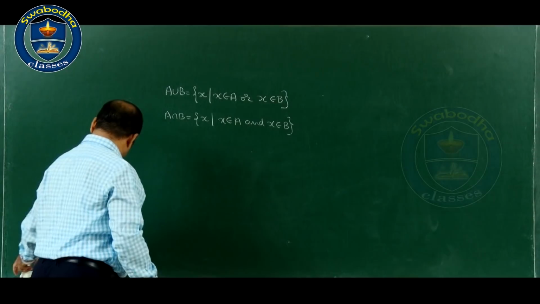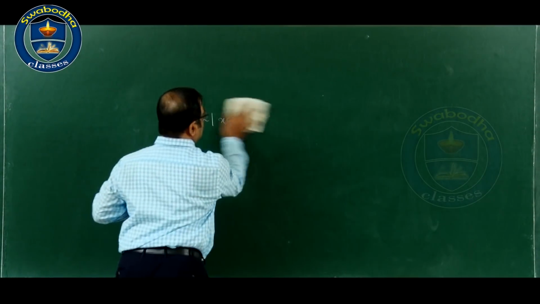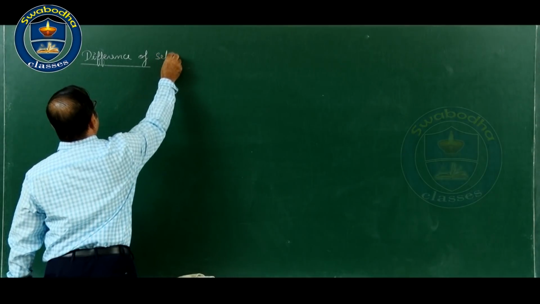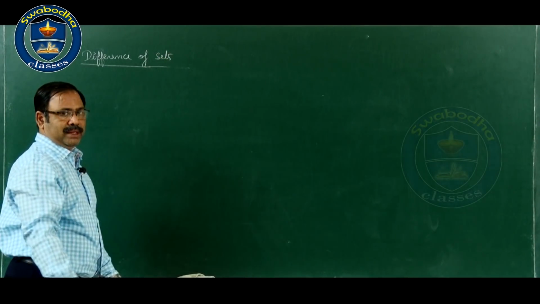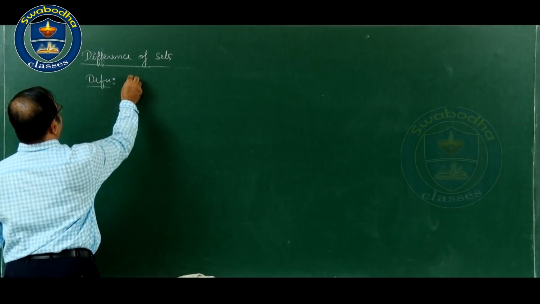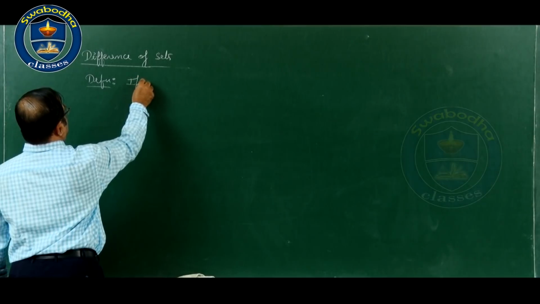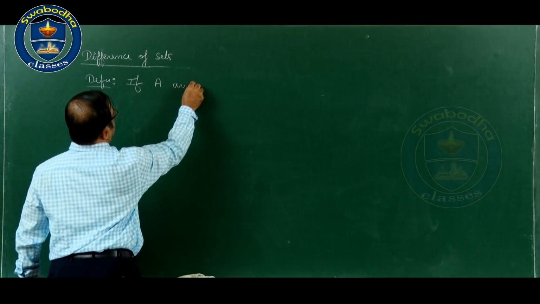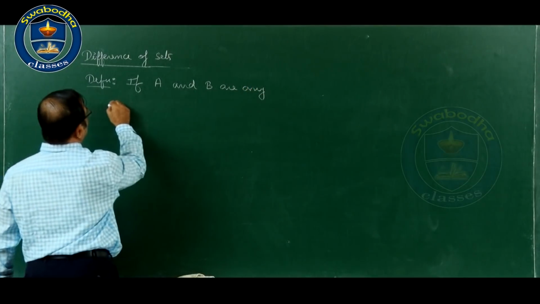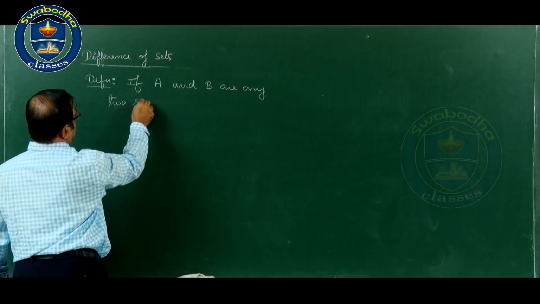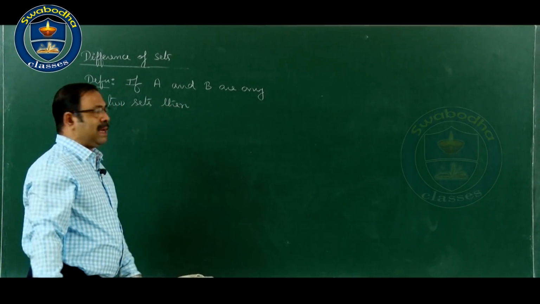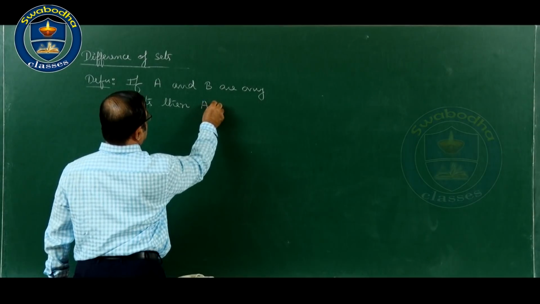So, today we have to study another operation, that is difference of sets. What is this difference in set theory? First I will give the definition. Let A and B be any two sets, then A minus B, this is called difference.